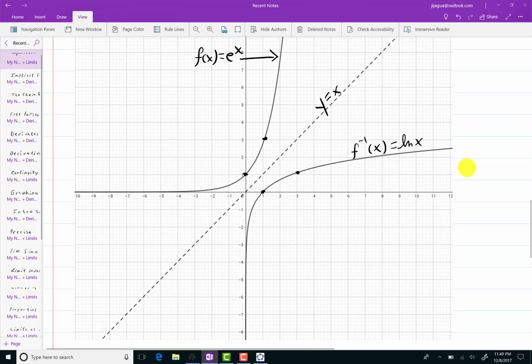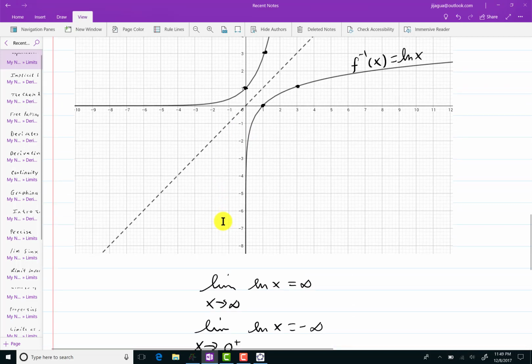Only positive numbers really. And since e to the x does not touch the line y equals 0, the inverse function does not touch the line x equals 0.